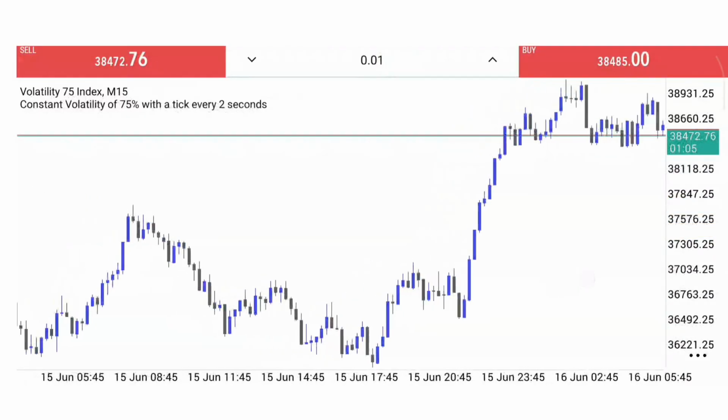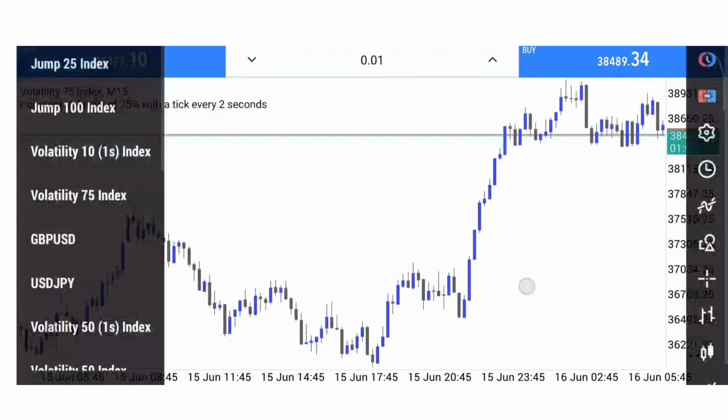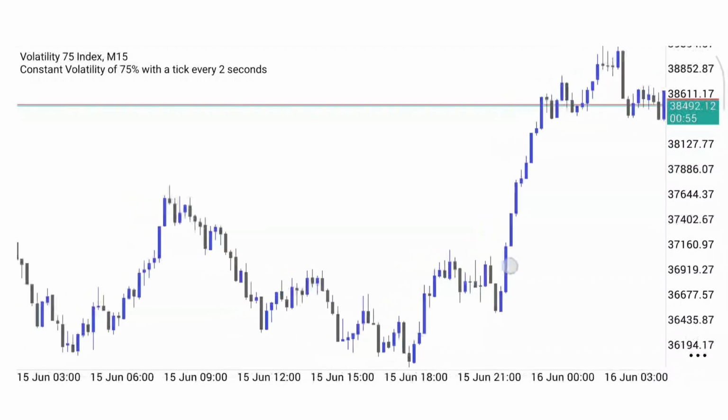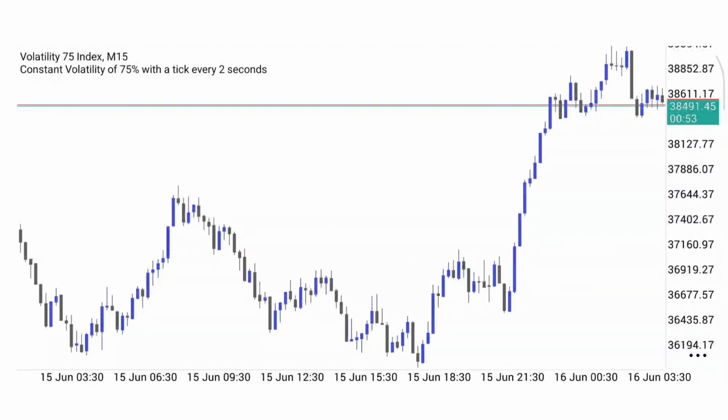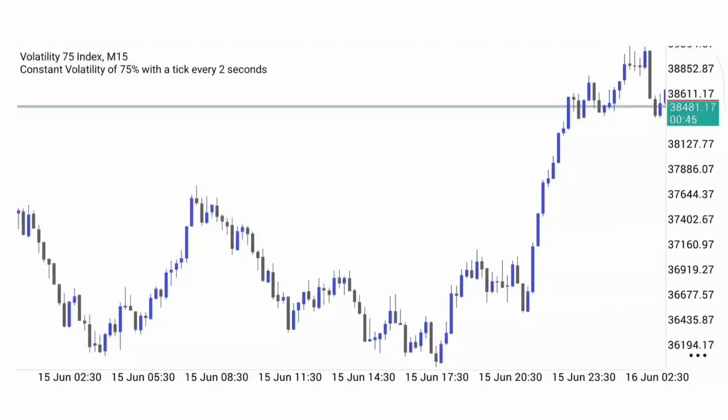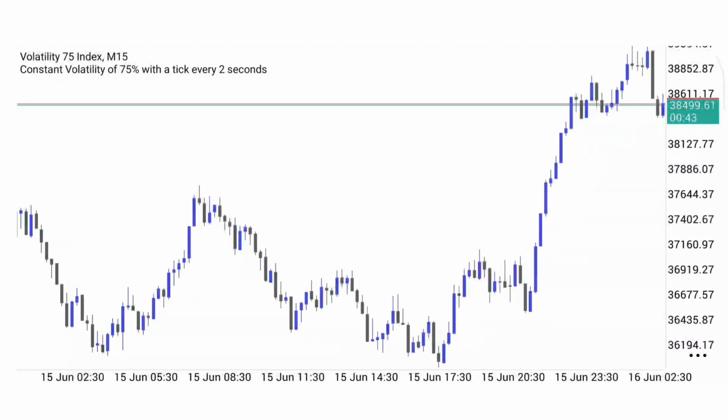Now I'm going to be teaching you guys a peculiar trading strategy for this, and this strategy is very, very powerful for Volatility 75, and it's a strategy that all of you guys know in the market. This is called the supply and demand strategy. Now let me move to the first example so I can show you guys what I mean.